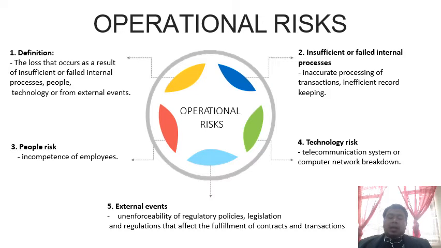Okay. Next is technology risk. You can have a telecommunication system or computer network breakdown. This is normal. And then you can have external events, right? So you can have an unenforceability of regulatory policies, legislation and regulation that affect the fulfillment of contract and transaction, right?